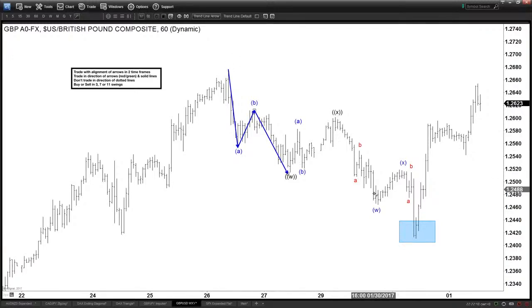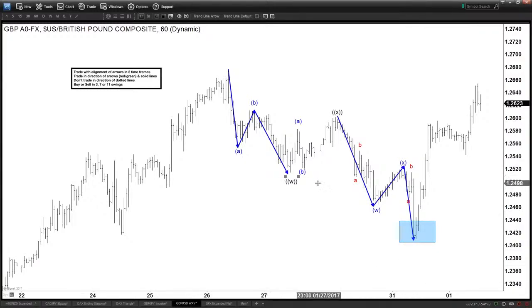And how about this one, the Y? The Y is subdivided into another WXY. All right, so we have a zigzag on the left and another WXY of the lower degree on the right, and we connect them with a WXY in the higher degree label, which is the black degree.